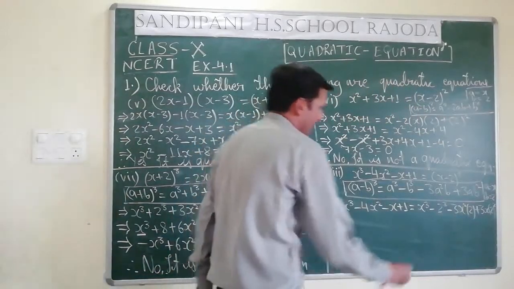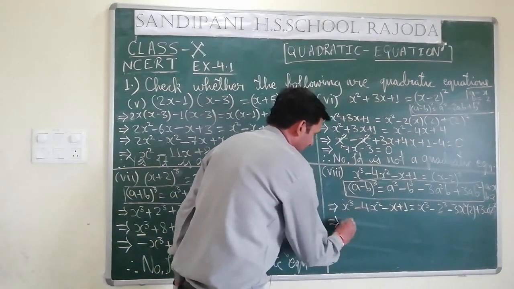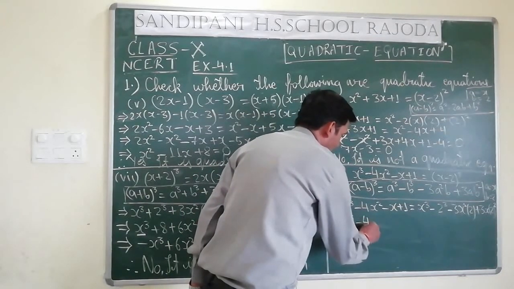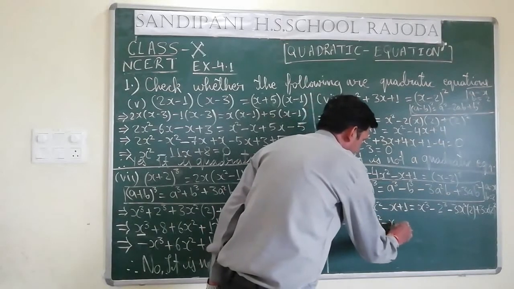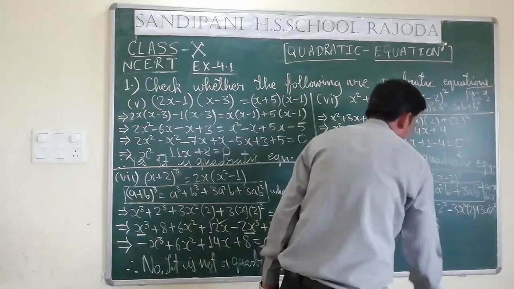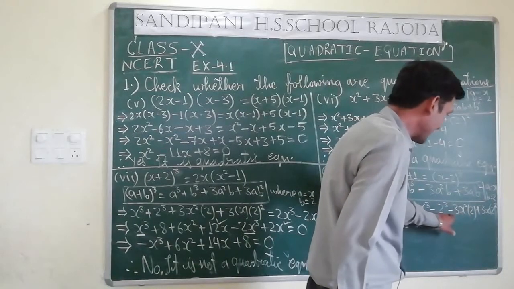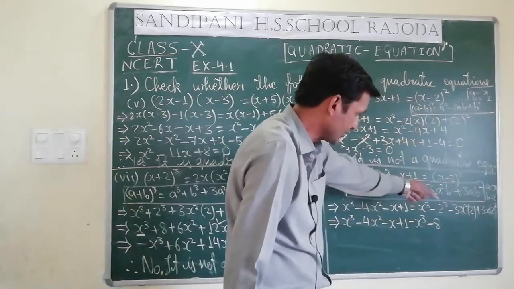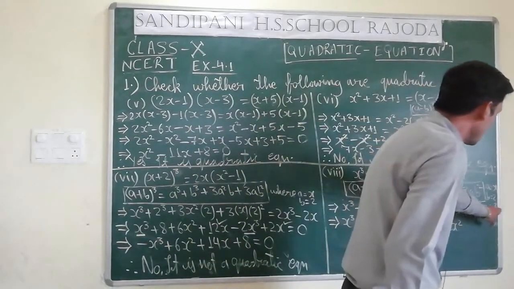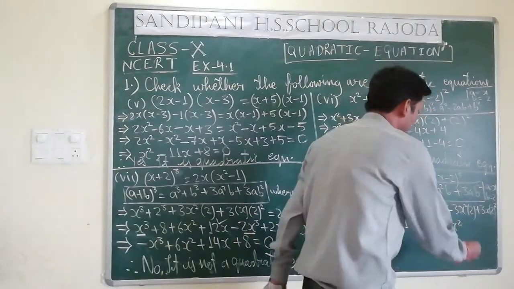So it implies that it will be x cube minus 4x square minus x plus 1 minus x cube minus 8, 2 cube is 8, minus 6x square. When it is transposed from RHS to LHS, then it will be plus 6x square, and here 2 square is 4, 4 threes are 12x, plus 12x is shifted from RHS to LHS, then it will be minus 12x.